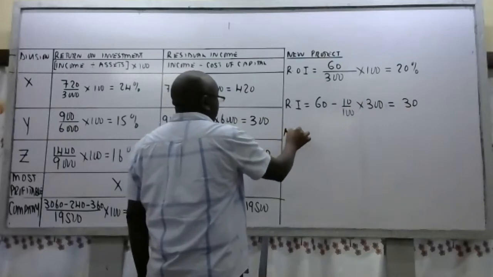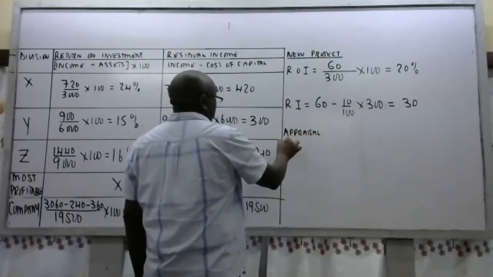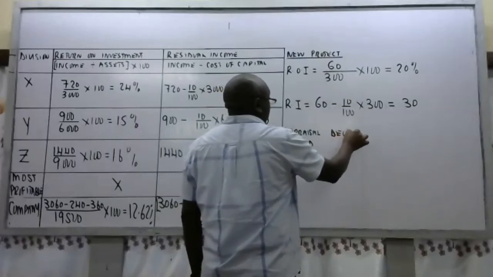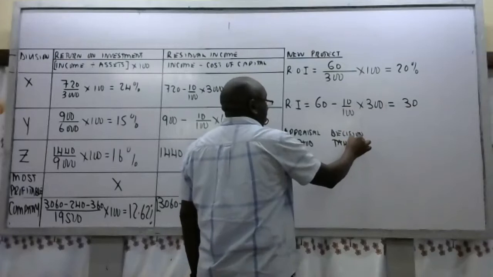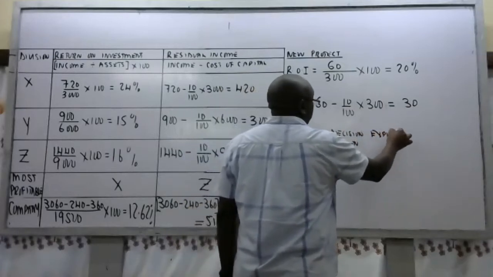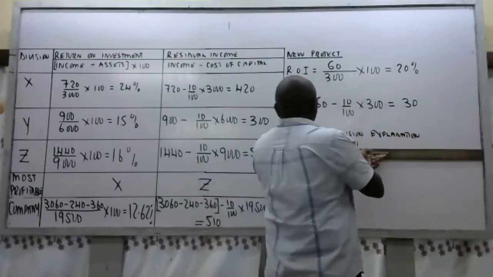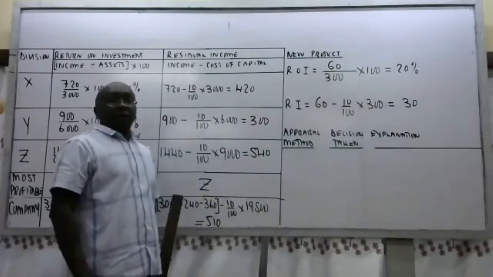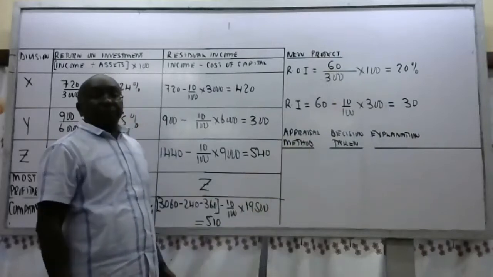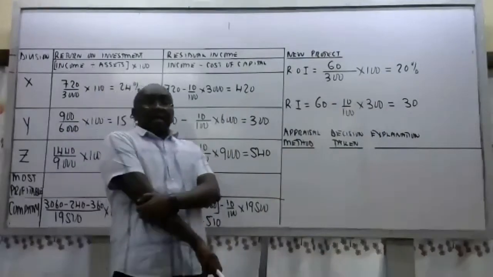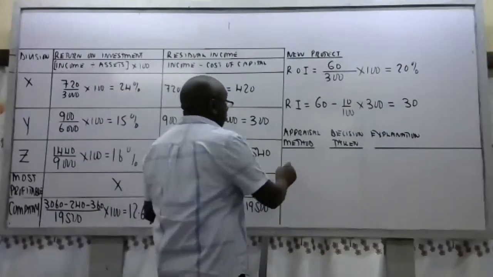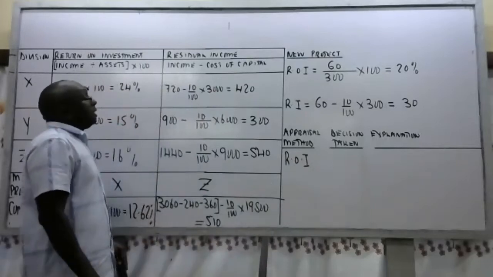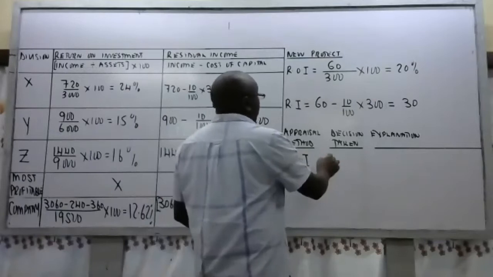So if you are doing the appraisal method, the decision taken, and the explanation: if you are using ROI, you will tell them to reject.